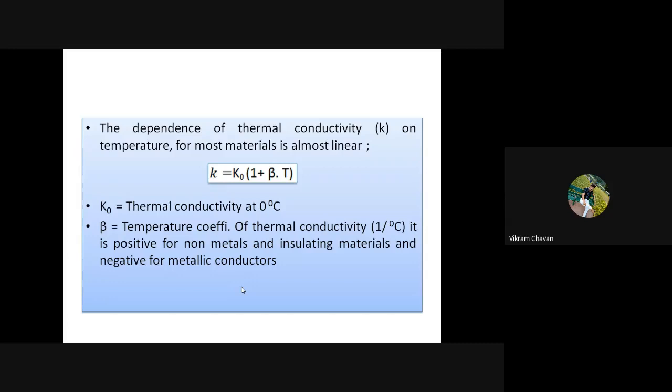It is positive for non-metals and insulating materials, and negative for metallic conductors.